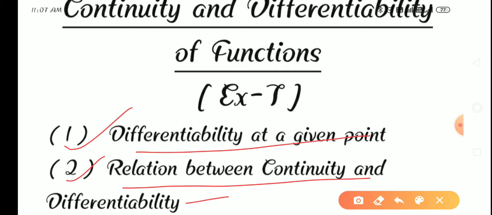So what new thing are you going to study? Differentiability of a function at a given point, and what is the relation between continuity and differentiability. First of all, I will tell you what is differentiability.